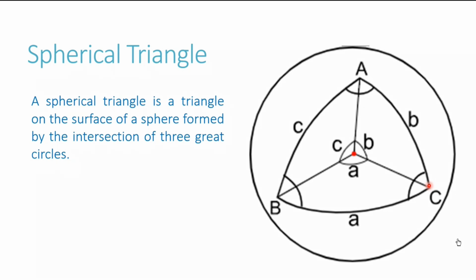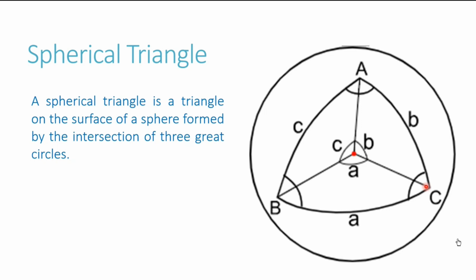And second, all the three sides of this triangle, you can see side AB, it is an arc of a great circle. The second side BC is also an arc of a great circle. And the third side AC is also an arc of a great circle. All the three sides of the triangle should be the arcs of great circles. So that's a mandatory condition to be fulfilled for a spherical triangle.